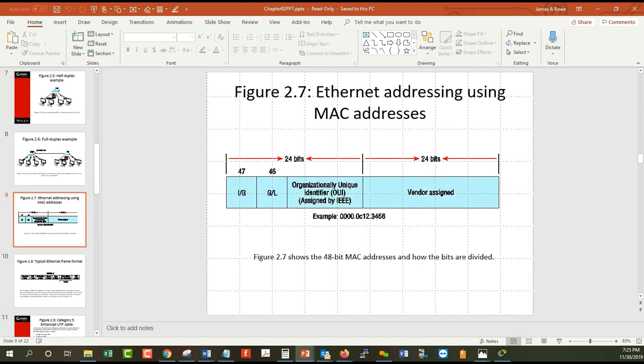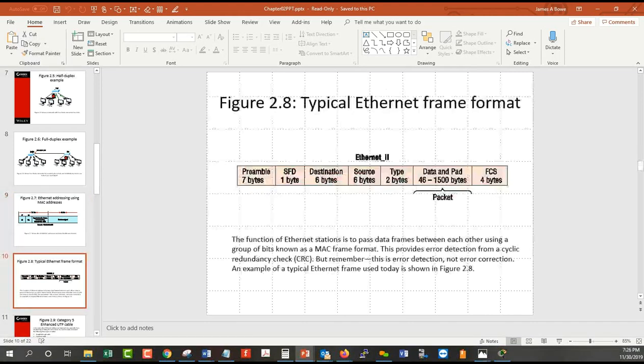So the MAC address is 48 bits altogether. Half of it is used primarily to identify the organization, such as Cisco. And the other half, the other 24 bits, are used to uniquely assign different ports. So again, here is an Ethernet frame.